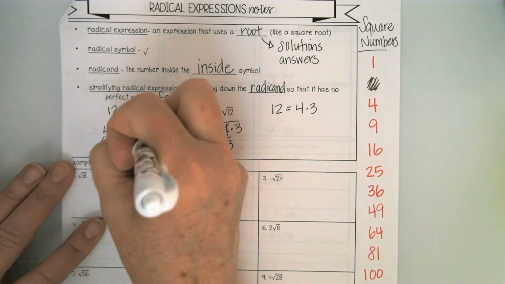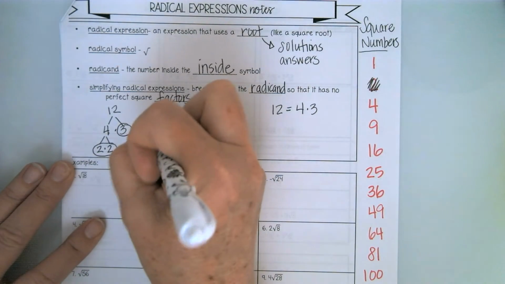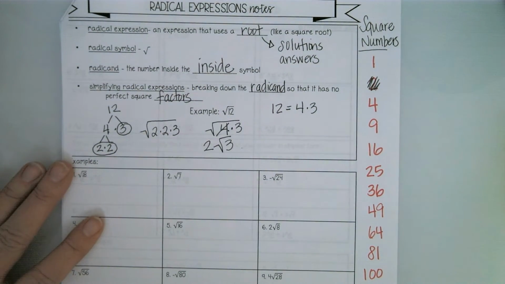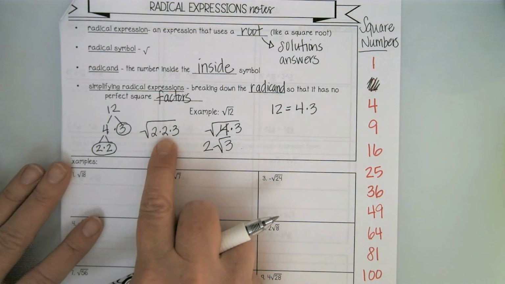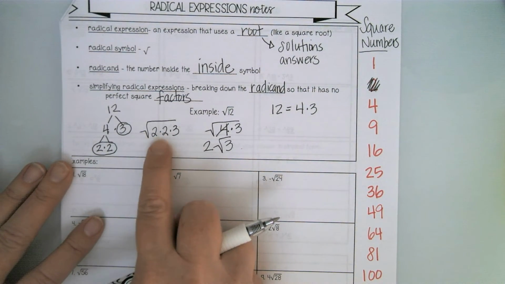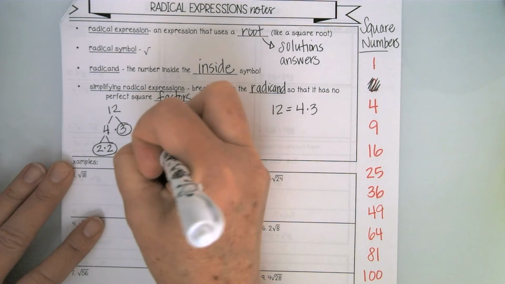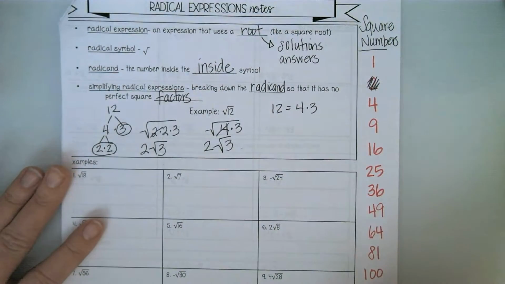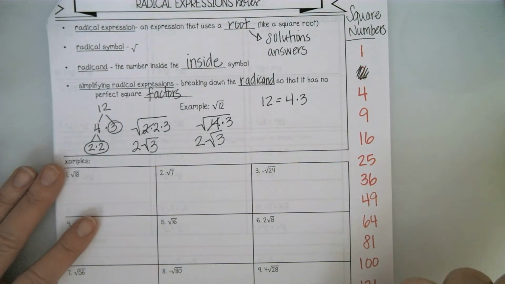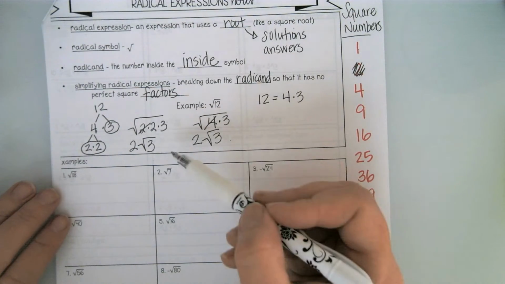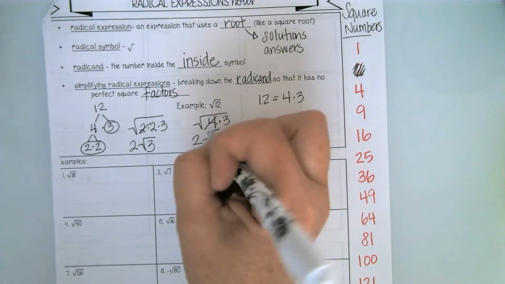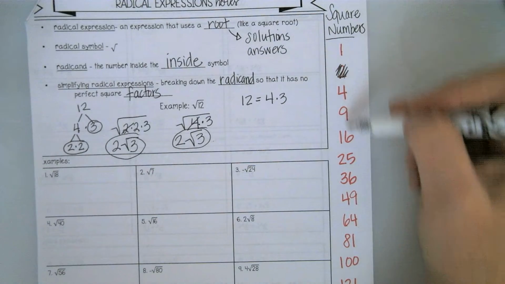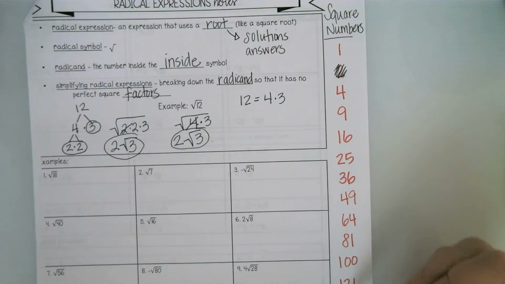So if it helps you, you can actually write all the factors in. 2 times 2 times 3. Now since there's two 2's, when I do the square roots, I can take them out, but I only write it once. Okay. Now let's go ahead and practice a few more. So notice I got to the same answer both ways. Factor trees, or use your list and your multiplication chart.